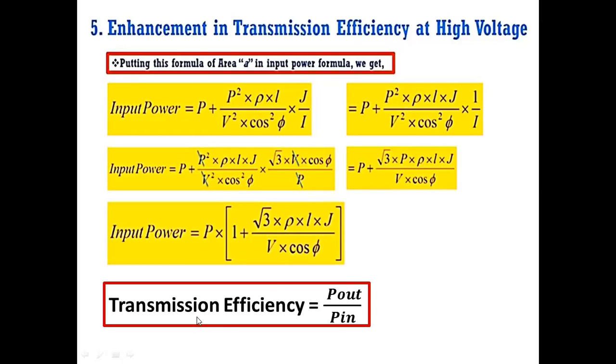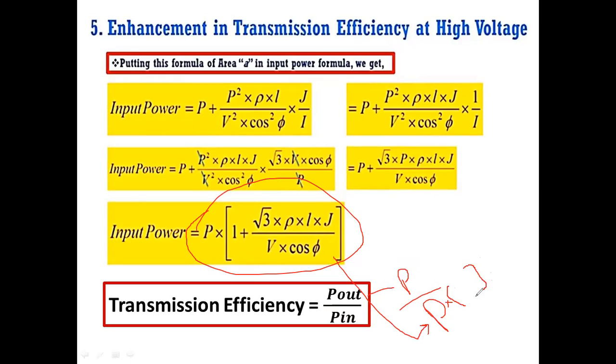So now the transmission efficiency is P out over P in. We have P out is equal to P, and P input is this whole equation. So by replacing this over here, we will get P into the variables inside that bracket.